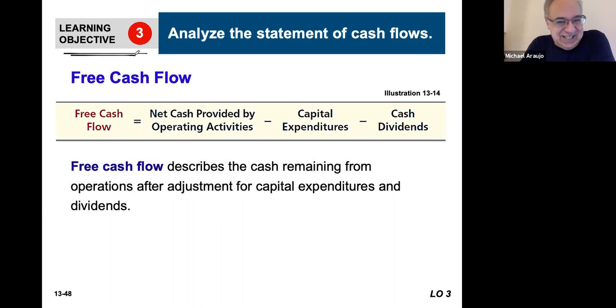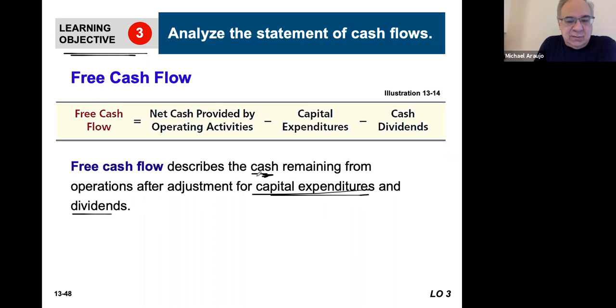There's a little bit of analysis. I was going to go over this with you on Wednesday, but I'll do it today and give you extra time. So the only piece of analysis that you're going to be learning here is something called the free cash flow. Free cash flow basically is what cash is remaining after the company pays for all of its capital expenditures, which are its investing activities, purchasing of the building, purchasing of the trucks, and its cash dividends.